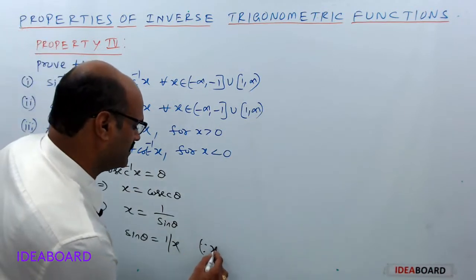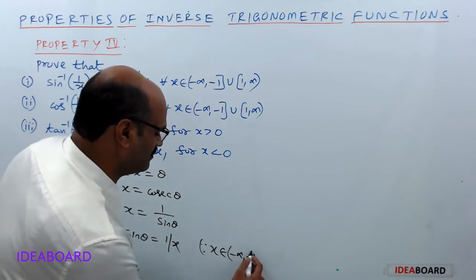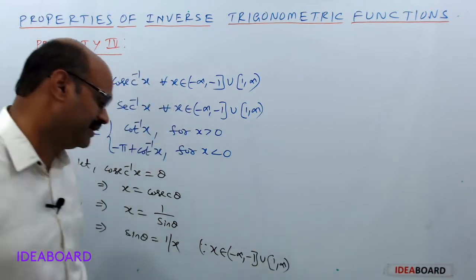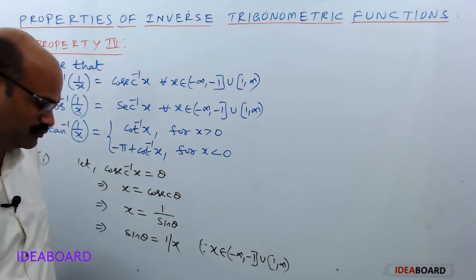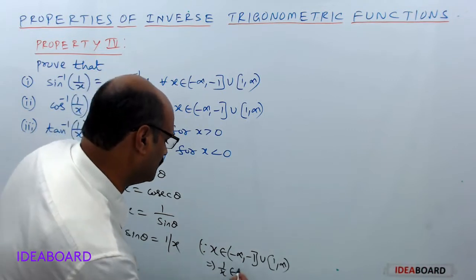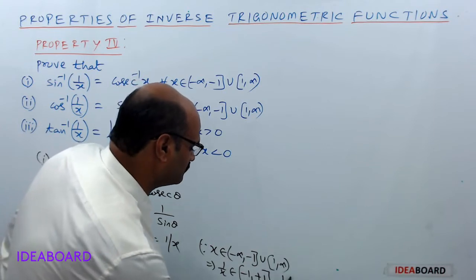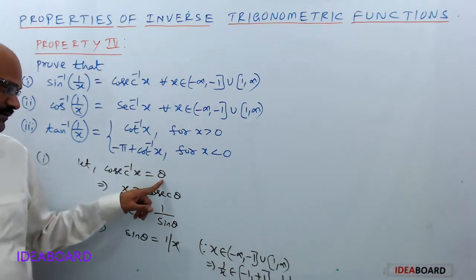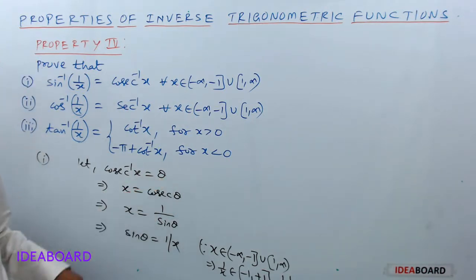Since x belongs to minus infinity to minus 1 union closed interval 1 to infinity, it implies 1 by x belongs to minus 1 to plus 1 minus 0. And here we know that theta belongs to minus pi by 2 to plus pi by 2.